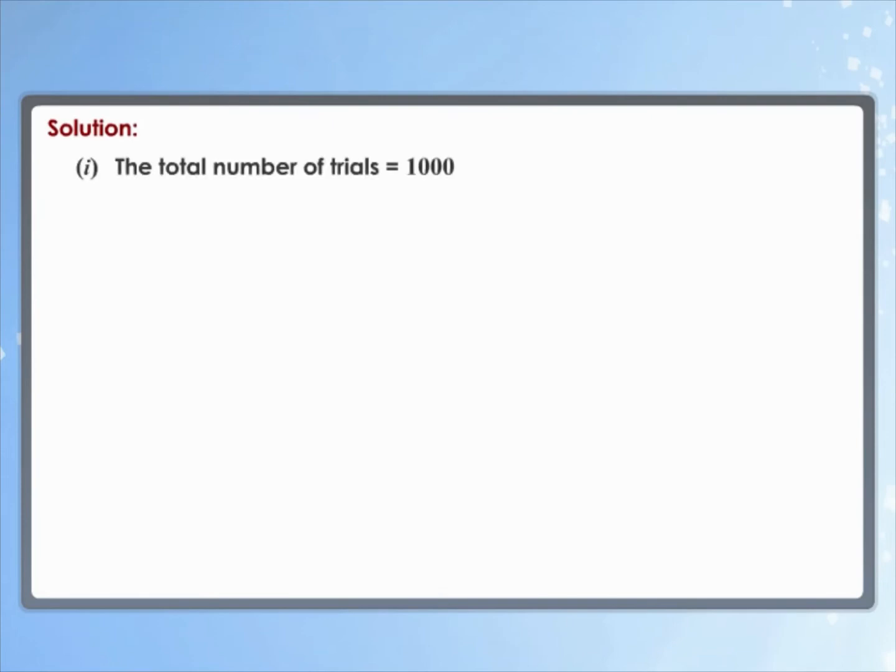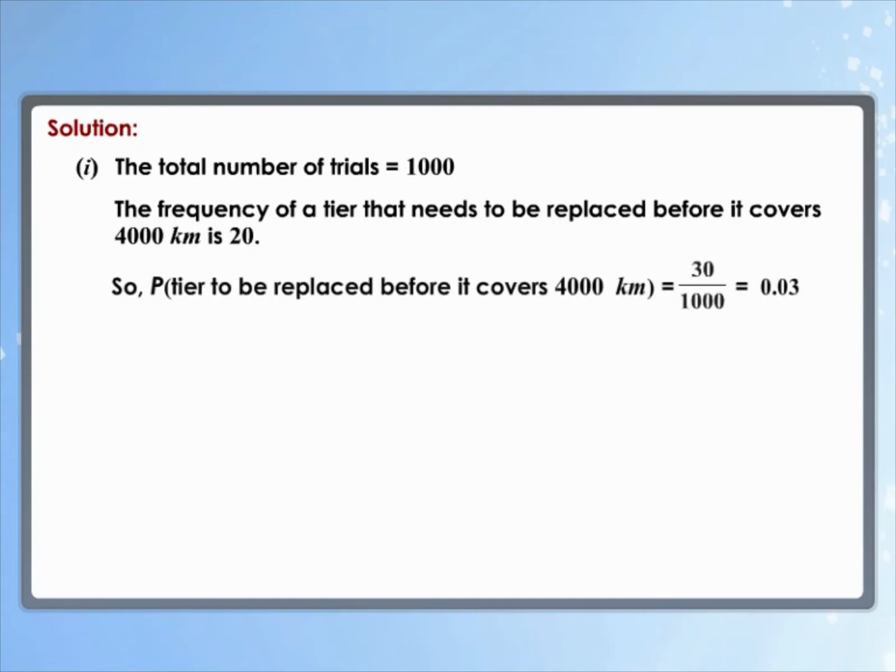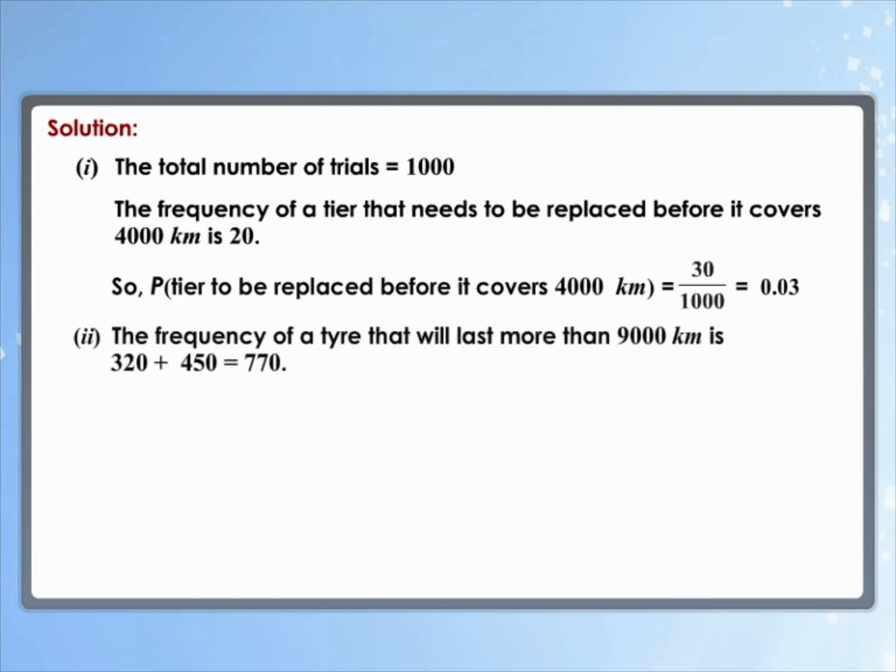Solution. The total number of trials is equal to 1,000. The frequency of a tire that needs to be replaced before it covers 4,000 kilometers is 20. So, P of tire to be replaced before it covers 4,000 kilometers is 20 by 1,000, which is equal to 0.02. The frequency of a tire that will last more than 9,000 kilometers is 320 plus 450 equals 770.